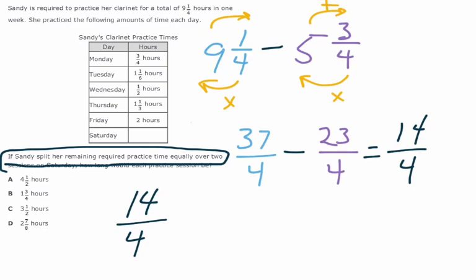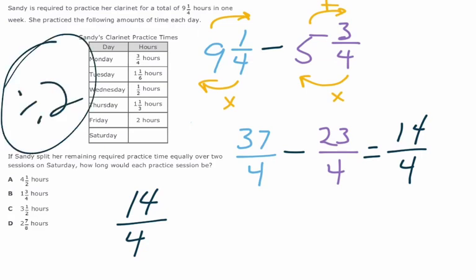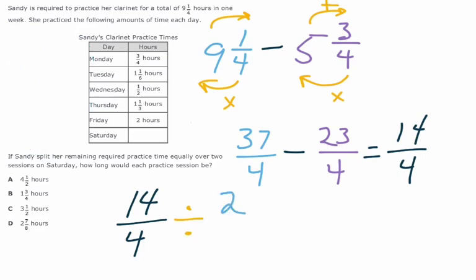So she's actually going to take what she needs to practice and divide it by 2. And this is one of those tricky things. You need to make sure that you read all of your question and underline all the important parts, so you don't miss anything. So it's easier to just leave 14/4 as an improper fraction and divide it by 2.